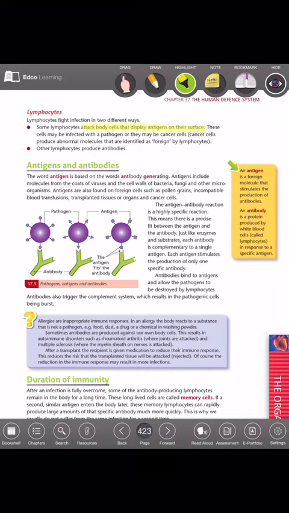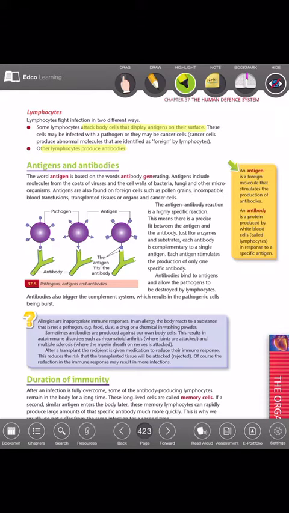And cancer cells produce abnormal molecules that are identified as foreign by lymphocytes. Then other lymphocytes actually produce antibodies. Okay, so that's the difference between those two. Some attack cells that display antigens on their surface and try to get rid of them, and other lymphocytes help to produce antibodies.